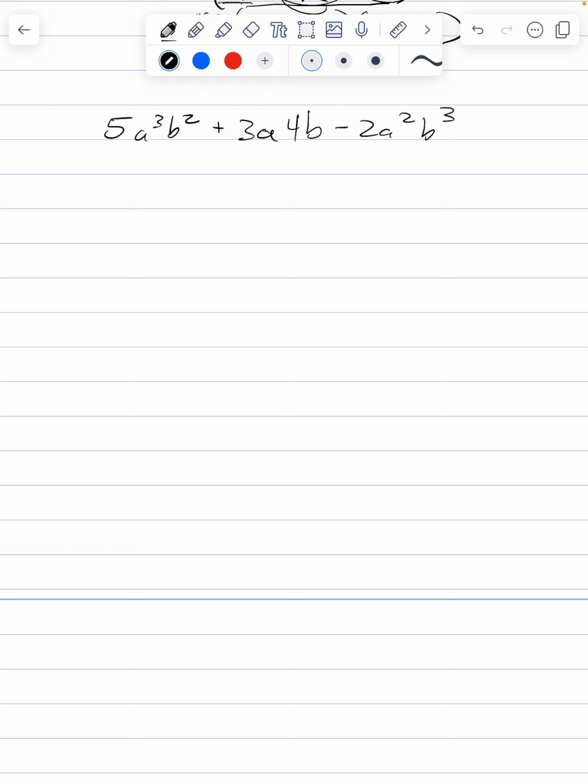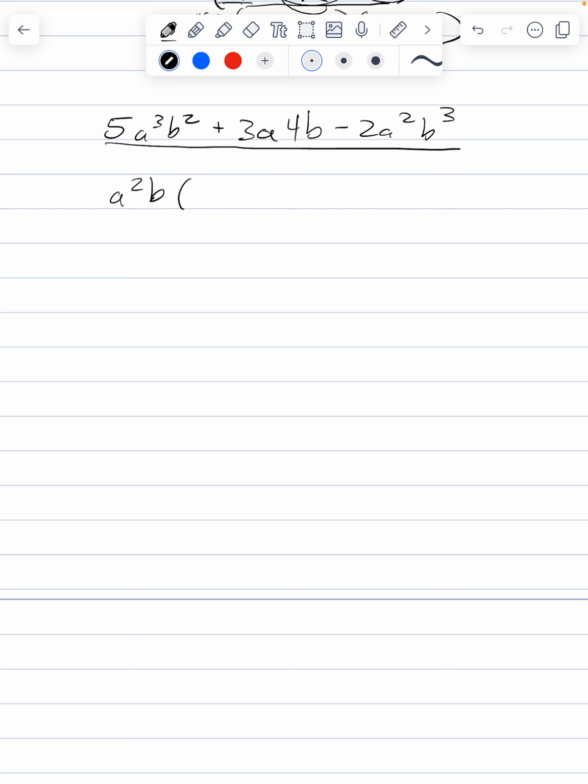Well, looking at this one, I think that we might have a squared b as our greatest. I don't see in the 5, 3, 4, or 2 a common factor. So I'm not going to have a coefficient common factor. Just going to have to look at the variables. Looks like a squared b would be the highest we can go.